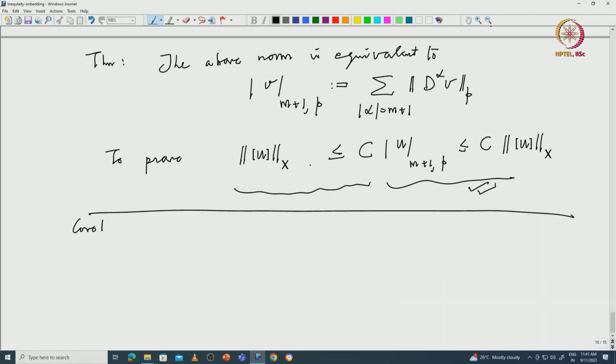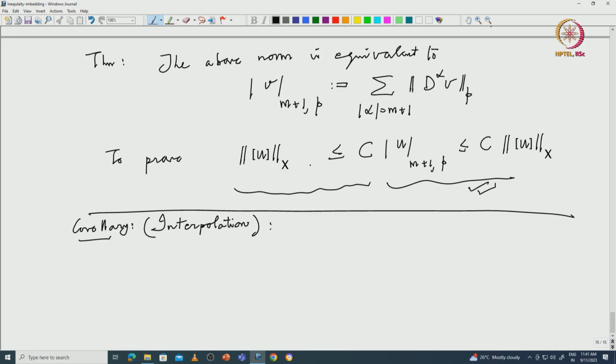The numerical analysts use what is called an interpolation estimate. That is one reason to state this at the end, after Sobolev spaces interpolation.